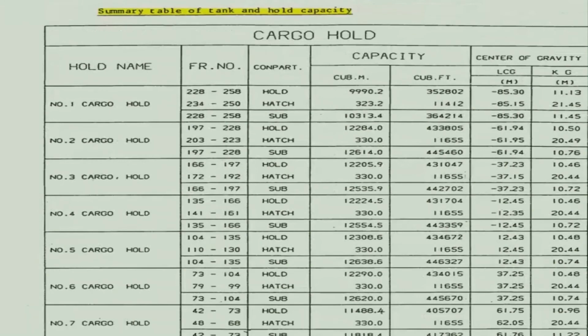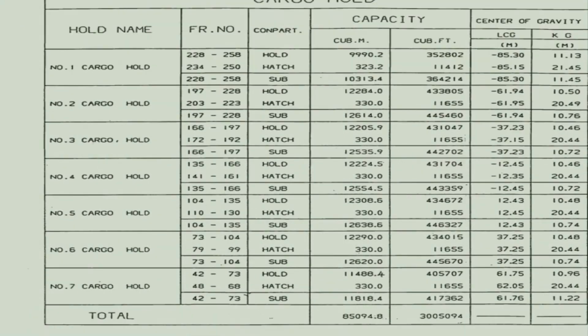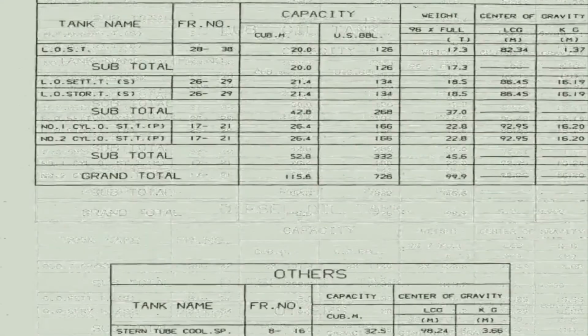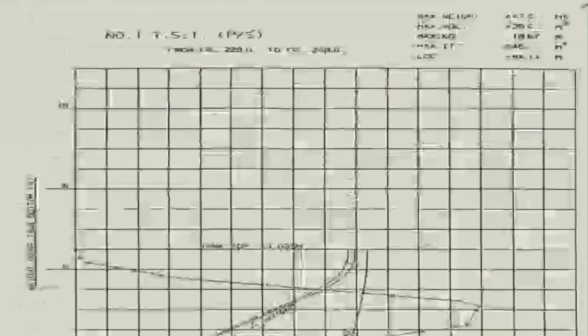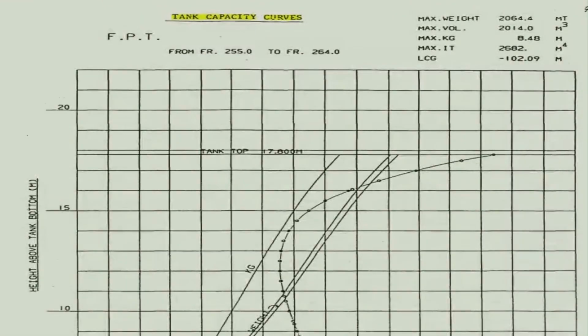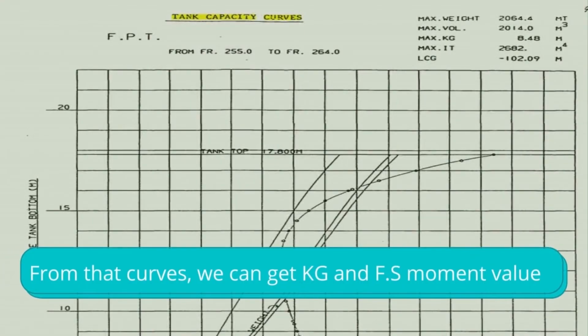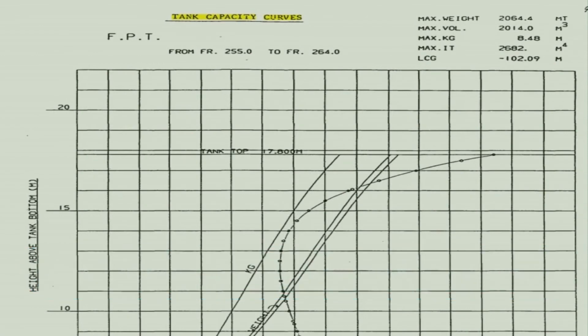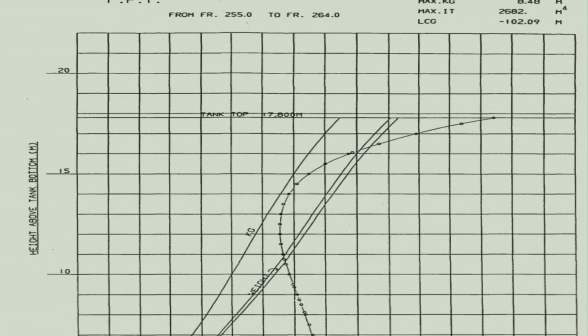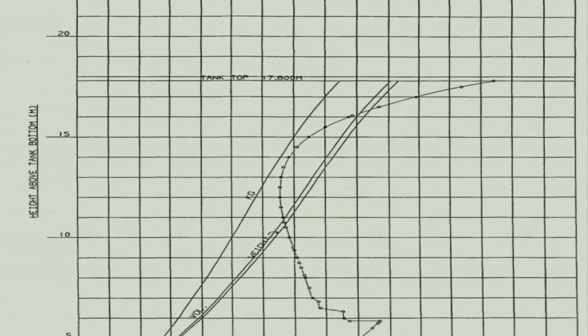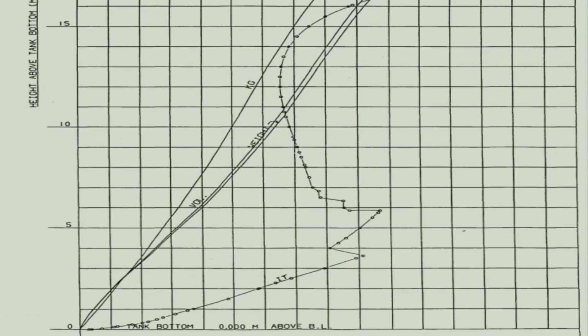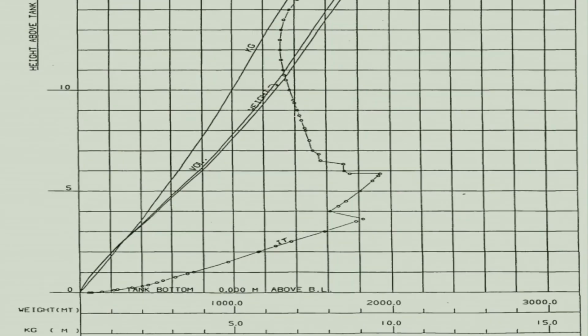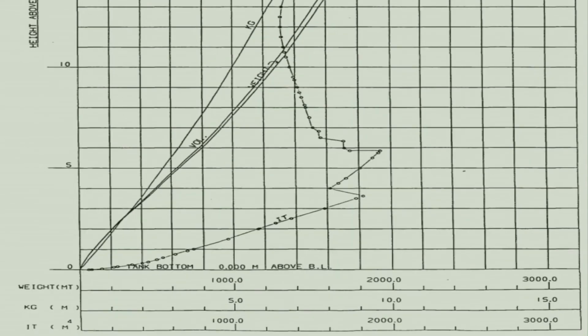Summary table of tank and hold capacity tables here. Now, these are tank capacity curves. These curves are very important for us. From these curves, we will get the value of KG, free surface moment and volume.